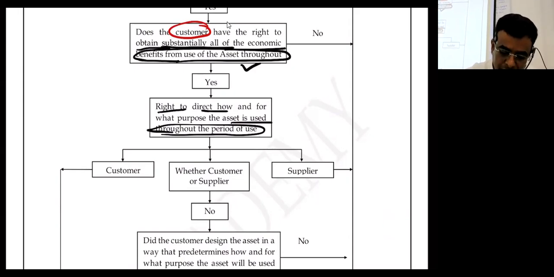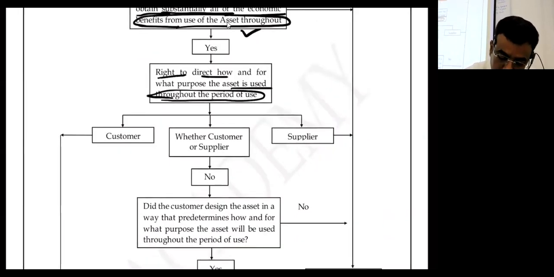Does the customer have rights to obtain substantially all the economic benefit from the use throughout? இது முடிச்சாச்சு. Rights to direct how and for what purpose the asset is used throughout the use. இதை எப்படி யூஸ் பண்ணணும், என்ன பர்பஸ் யூஸ் பண்ணணும் அப்படி நீங்க டிசைட் பண்ற மாதிரி இருக்கலாம், இல்லாம இருக்கலாம்.